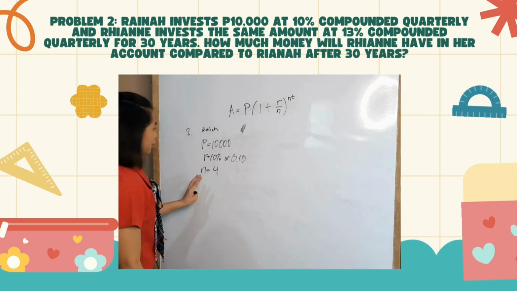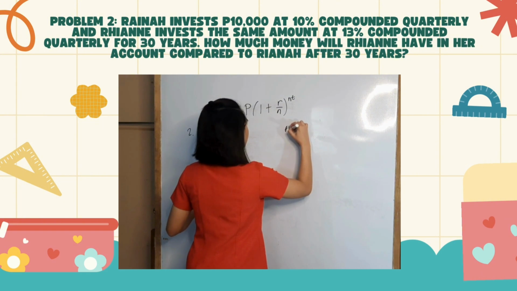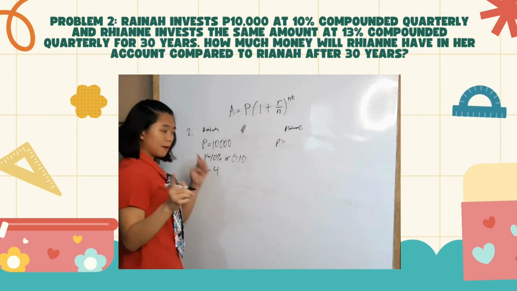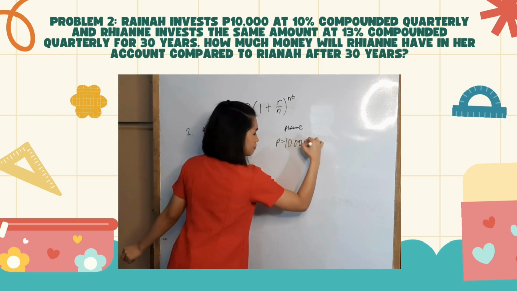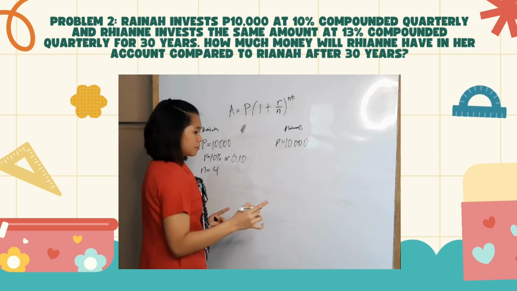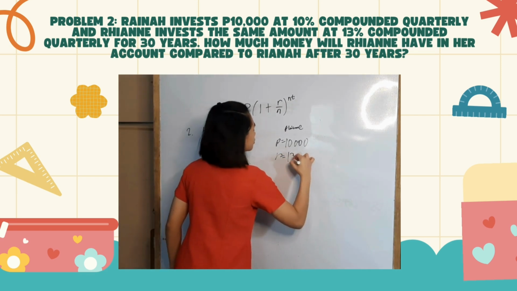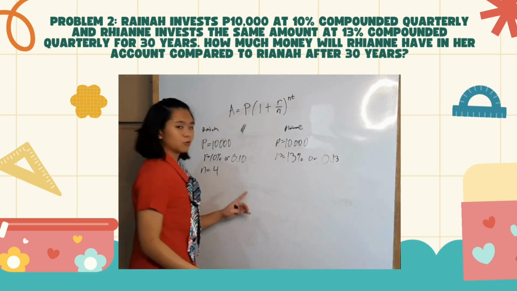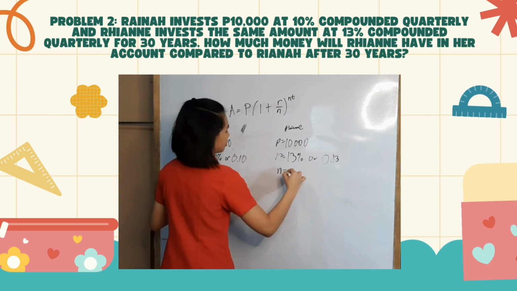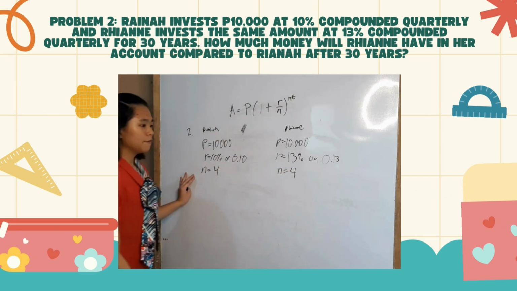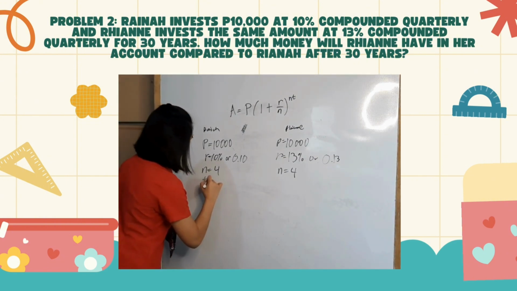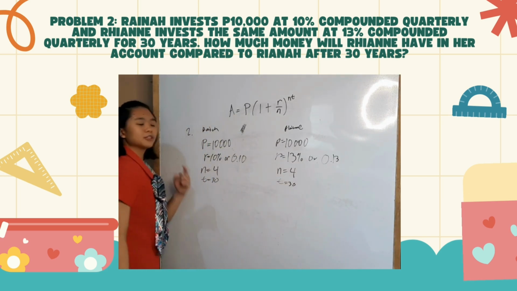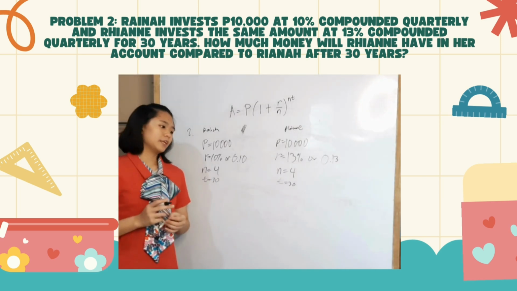Next, we have a second person here, Rian, who invests the same amount, 10,000, but at 13%, so the rate is 0.13, compounded quarterly as well. N is equal to 4, for 30 years. So time T is equal to 30. How much money will Rian have in her account compared to Rainah after 30 years?